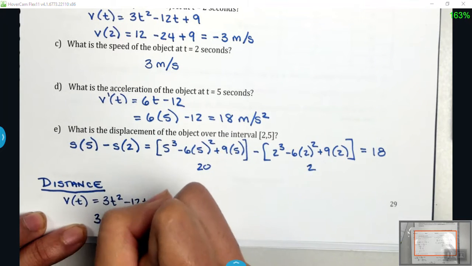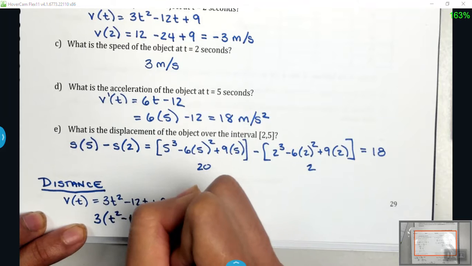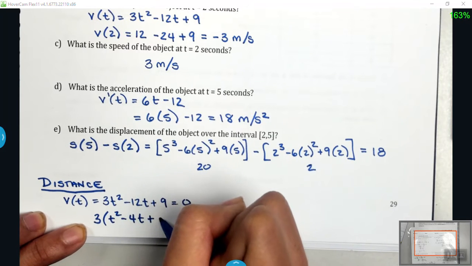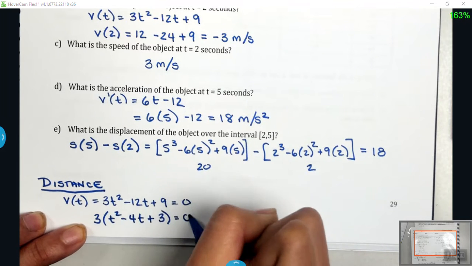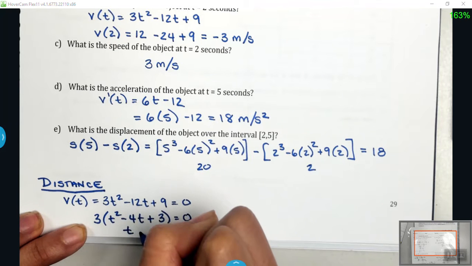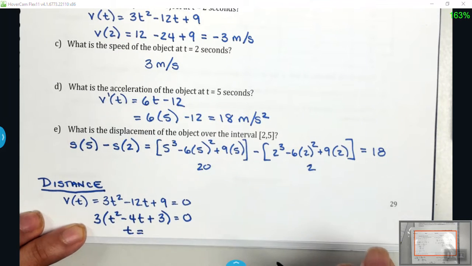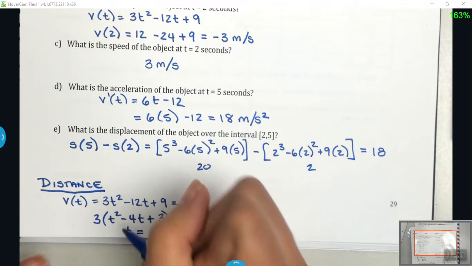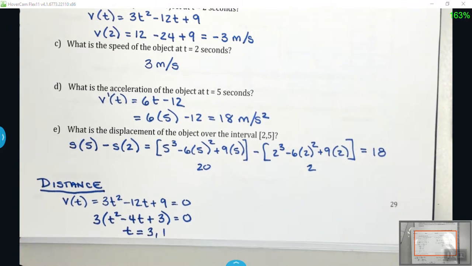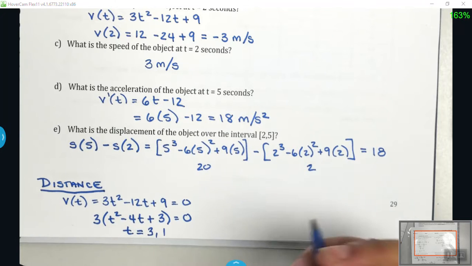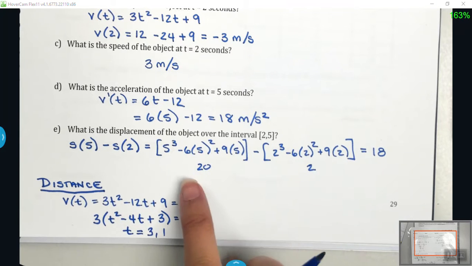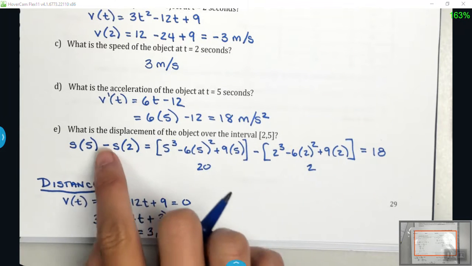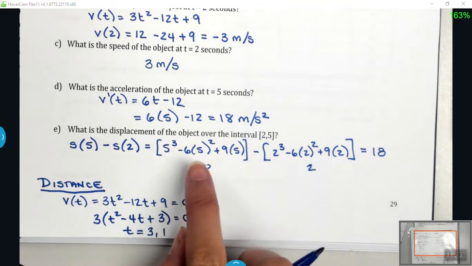So I factor out a 3. And I get t is equal to 3 and 1. Okay. So it changes direction at 3 and at 1. So here's the problem. 3 happens in between 2 and 5.